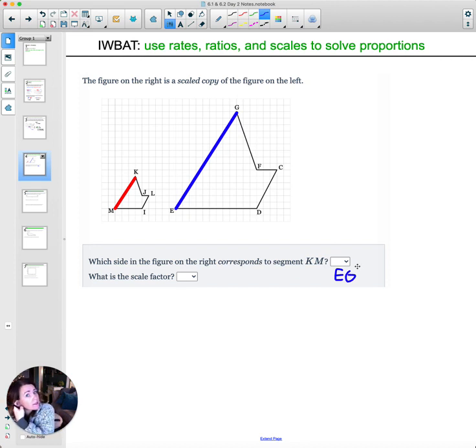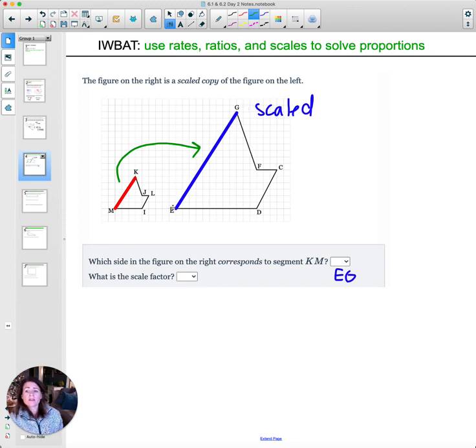And then what's the scale factor? Now you're going to compare these. The figure on the right is the scaled version, so we are going from this figure to this figure. So our scale factor is going to need to get bigger. If the figure gets smaller, then your scale factor would need to be smaller.